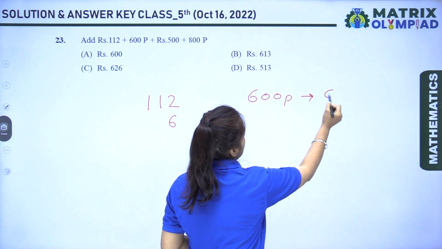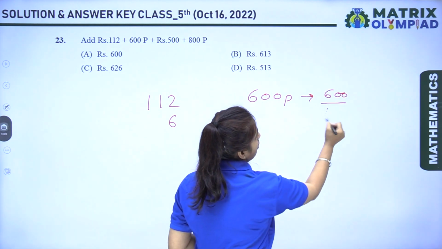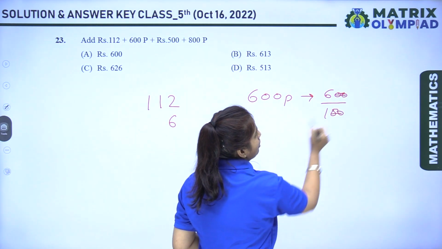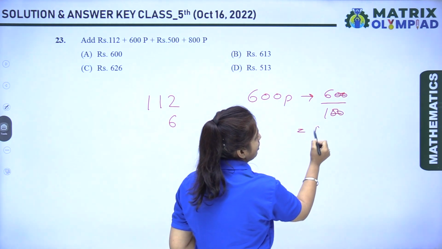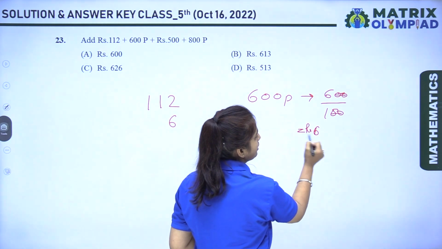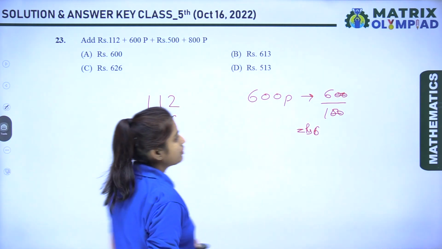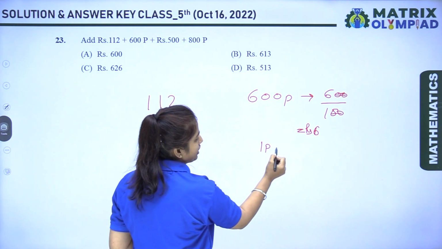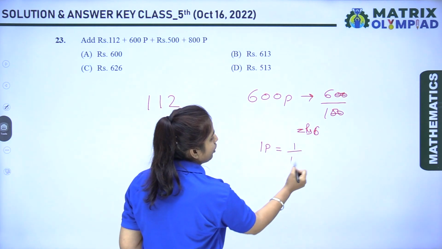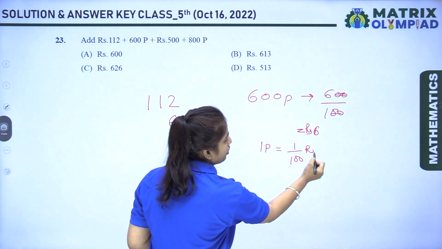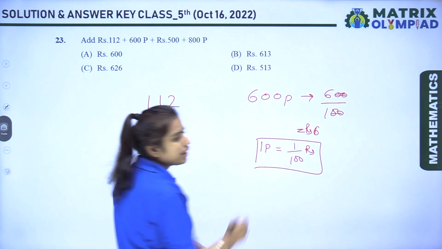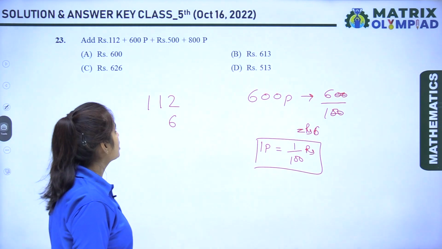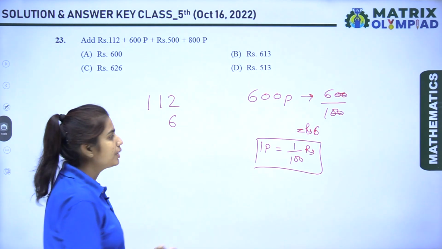That is 600 upon 100, so we get rupees 6. We already know the formula: 1 paisa is equal to 1 upon 100 rupees. So applying this formula, we converted 600 paisa into rupees.